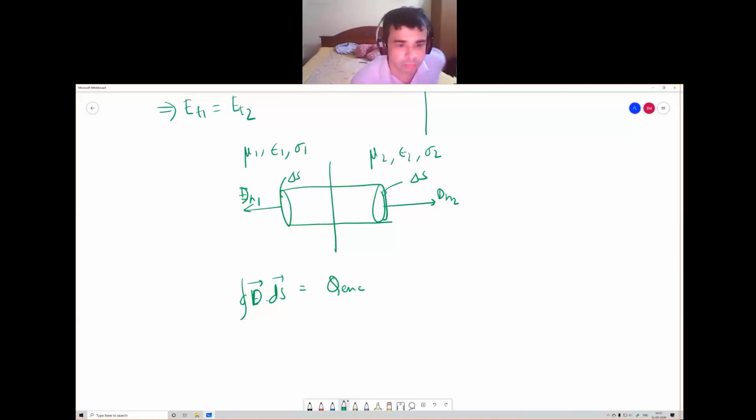So Dn1 delta S minus Dn2 delta S is sigma delta S, where sigma is the surface charge density of this surface.